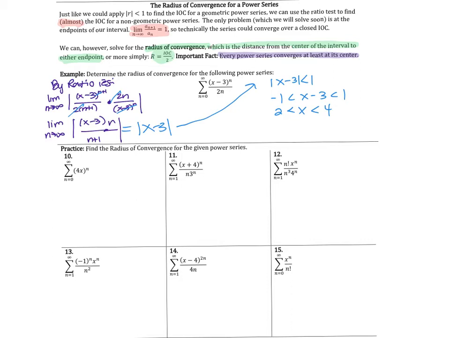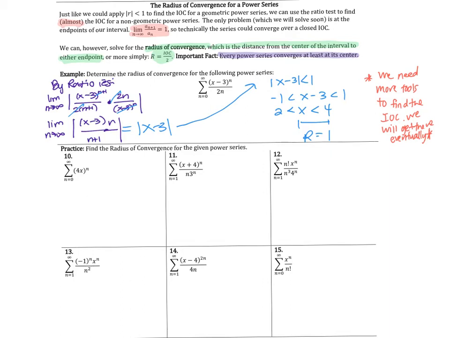I'm going to ask you what the radius of convergence is, meaning how far out do I go from the center. So to get from 2 to 4, that distance is 2, the full distance, so the radius would be equal to 1. The radius of convergence is 1. We go 1 unit from the center. We will learn more tools to identify the full interval of convergence in future sections.